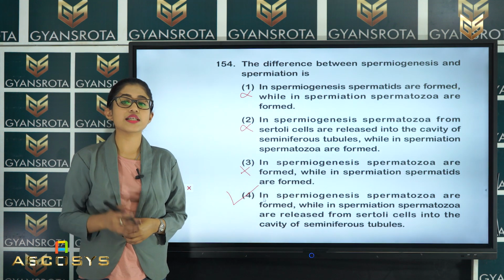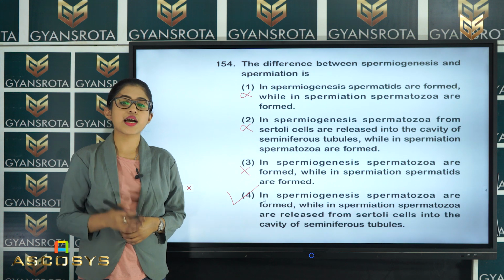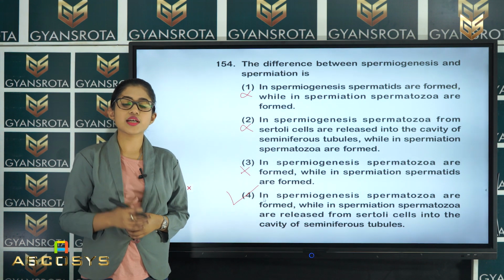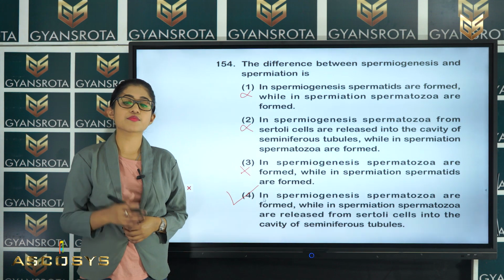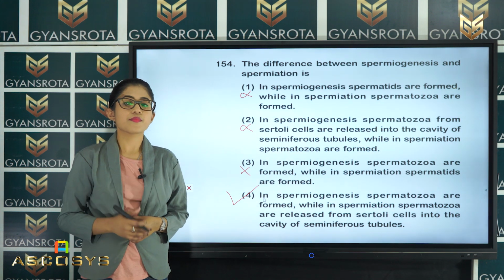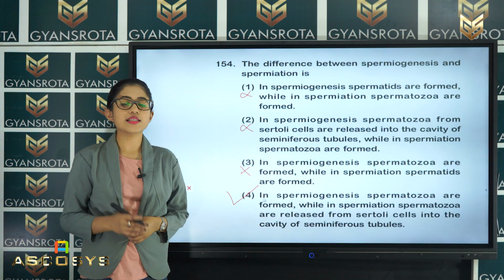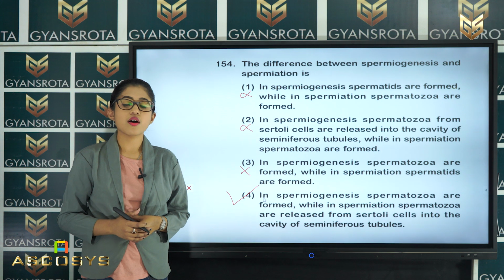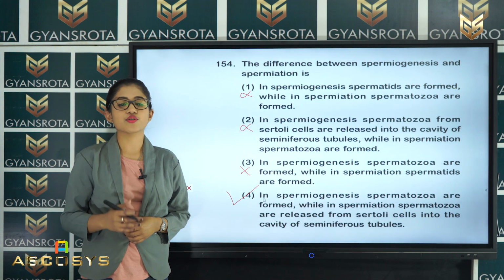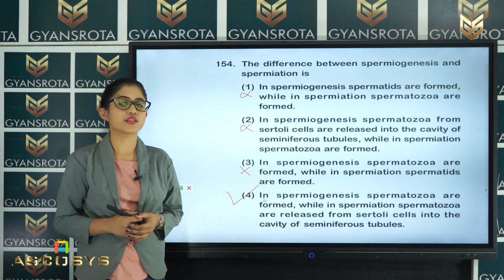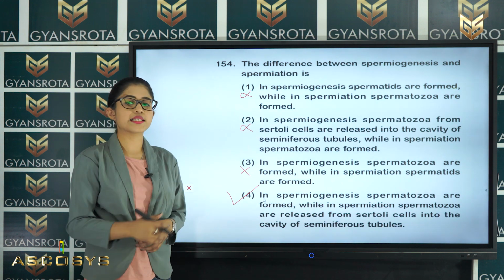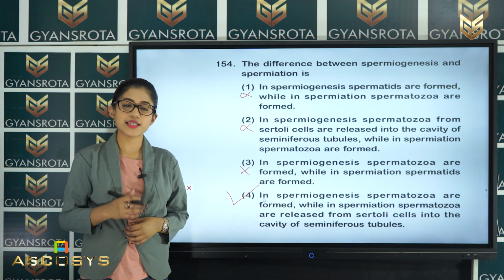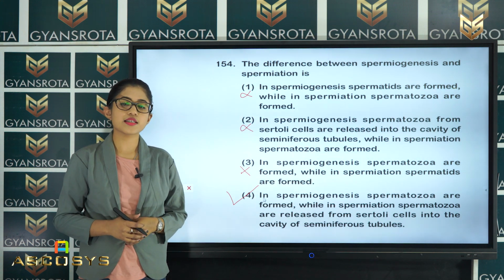Spermiogenesis is the process in which the spermatozoa, that is the sperms, are formed, while spermiation means the release of the spermatozoa from the Sertoli cells into the cavity of the seminiferous tubules. So, here option number 4 is the correct answer, and the statements in options 1, 2 and 3 are incorrect.